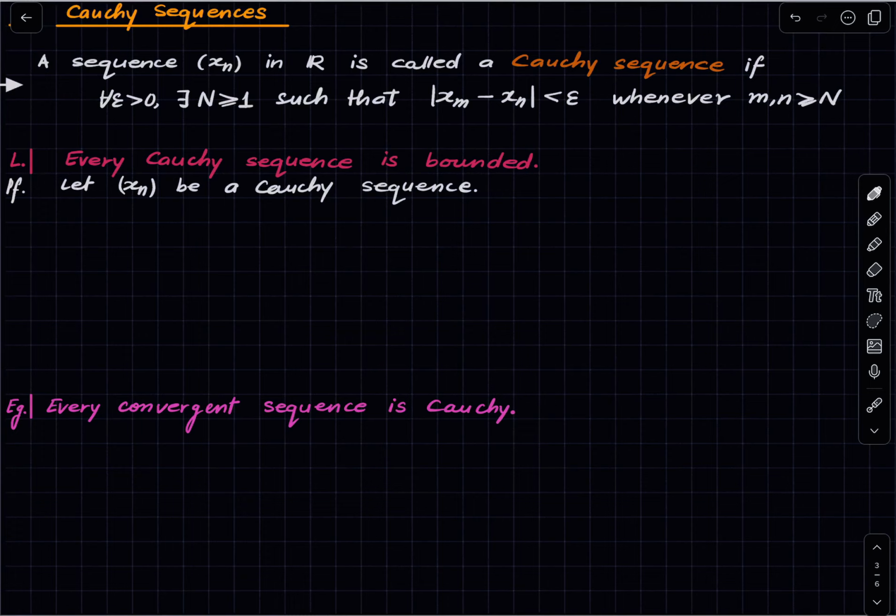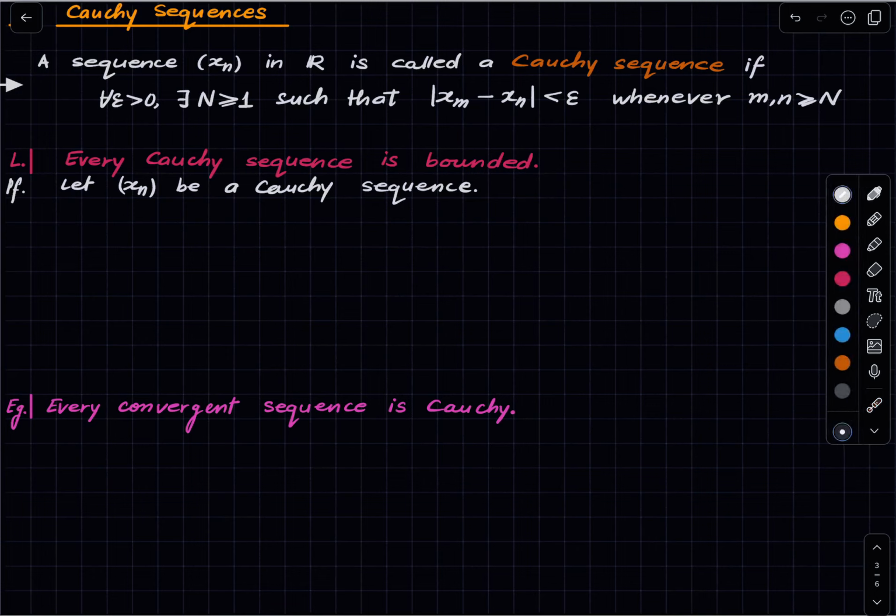And intuitively, why will this sequence be bounded? Well, beyond a certain point, all the elements of the sequence are within epsilon of each other. So they are controlled beyond a certain point. But before that point, you can just take the maximum of the absolute values of all the elements. And that will serve as a uniform control on the size of every element of the sequence. So that is essentially the proof, but let us write it down in full detail.